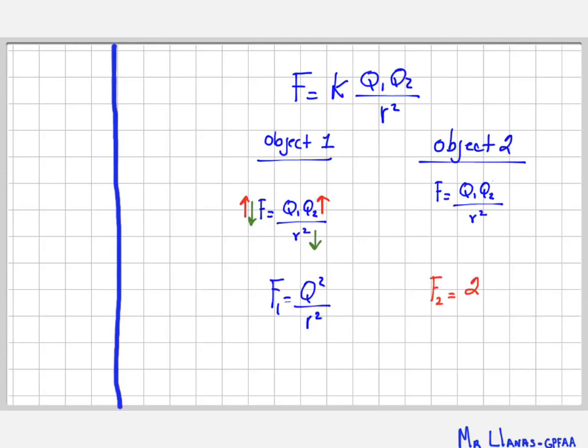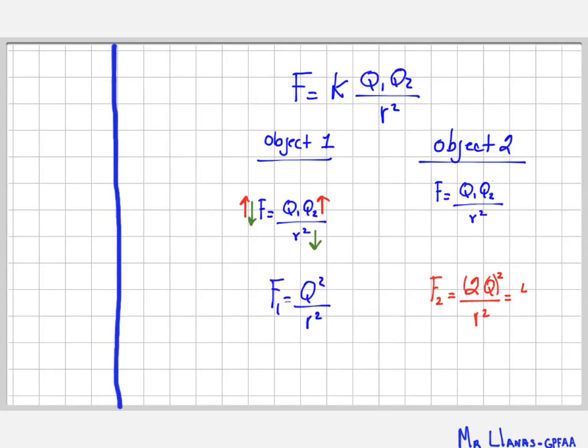So if force 1 equals what it does, or there's two objects with identical charges, then we know that force 1 would equal q squared over the distance that they're separated. But what if the charge on those two objects was doubled? That's what I did here. So the second force would be 2 times the charge of the objects over the distance, right?